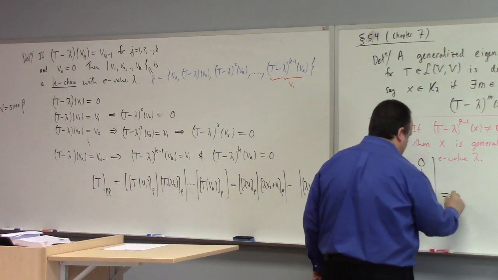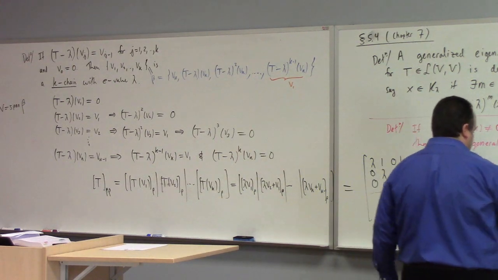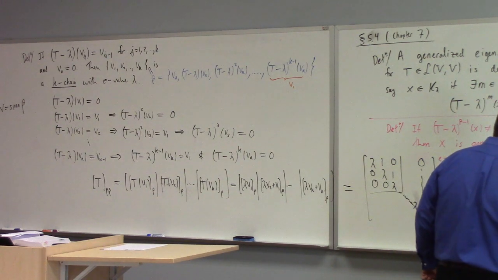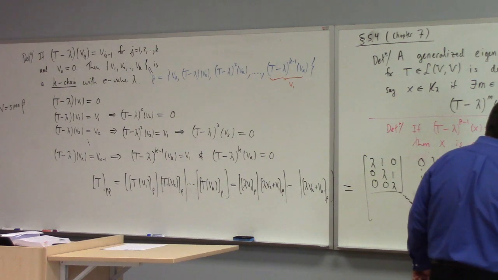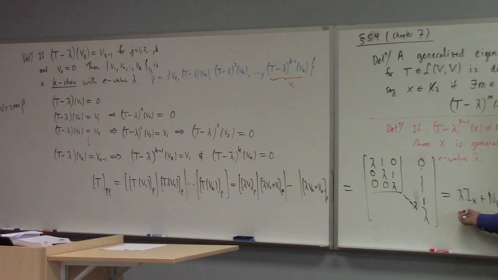In other words, I could write this as lambda times the k by k identity plus N sub k, where N sub k is this thing. That nilpotent matrix of order k that I've had you work problems about somewhere. So the form of the matrix is lambda times identity plus this super diagonal piece.